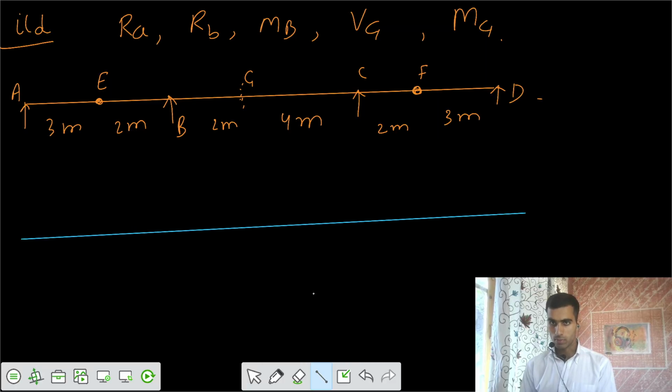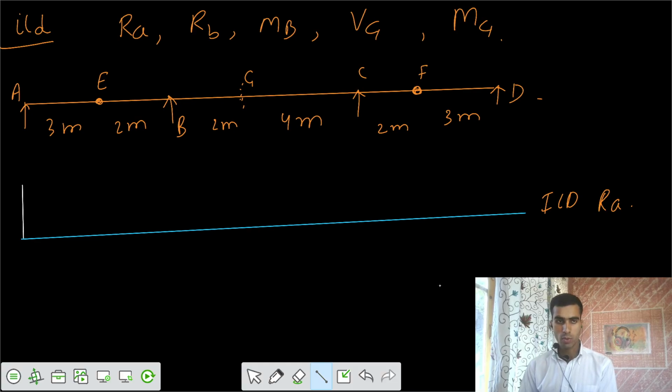Let's calculate the ILD for the reaction at A. You need to do one thing: release that support and apply a unit displacement.